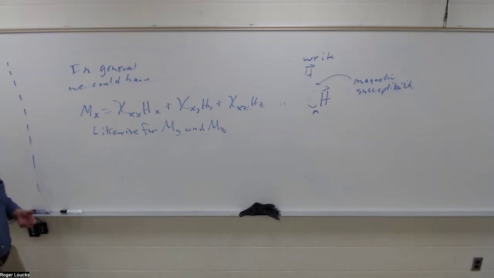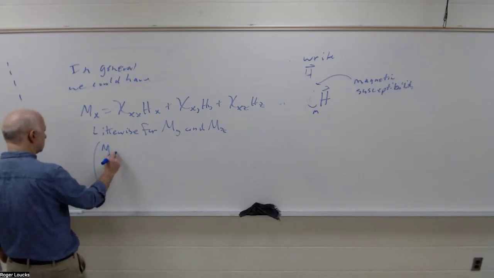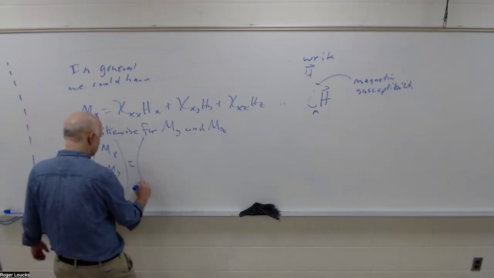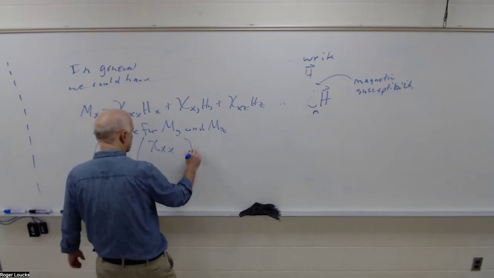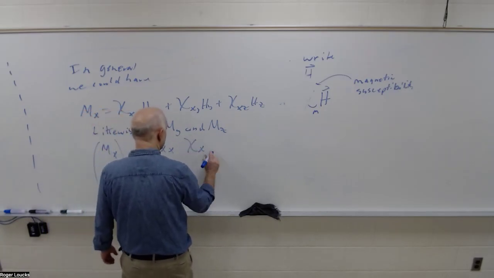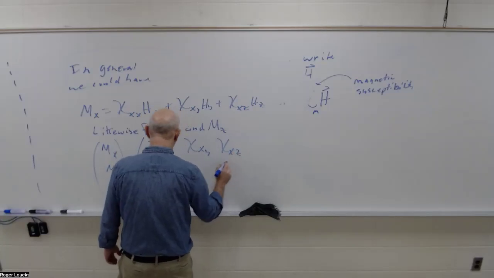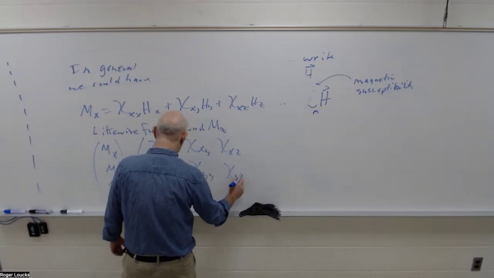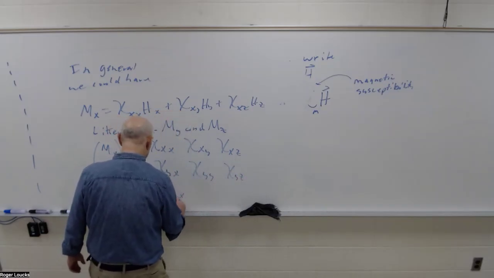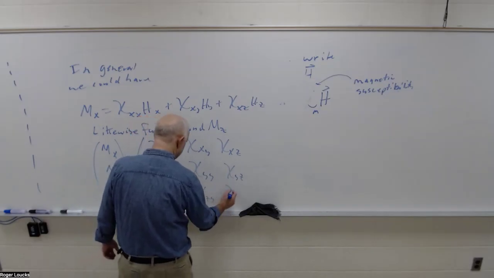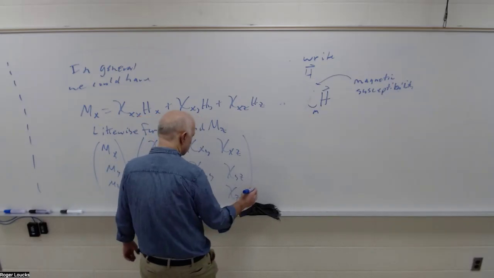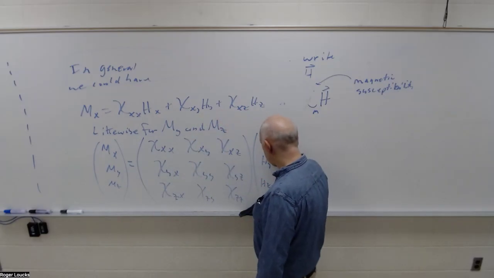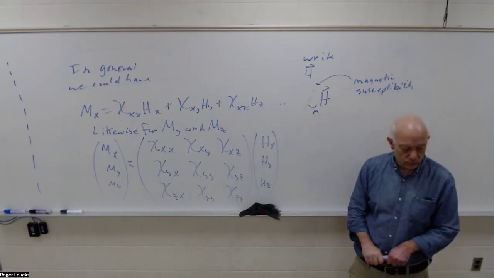We can write that as a big matrix. We can write this as Mx, My, Mz, equal to the matrix chi xx, chi xy, and so on, times Hx, Hy, Hz. That makes sense?